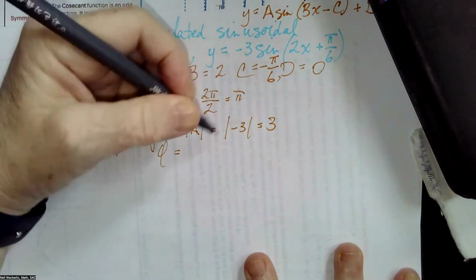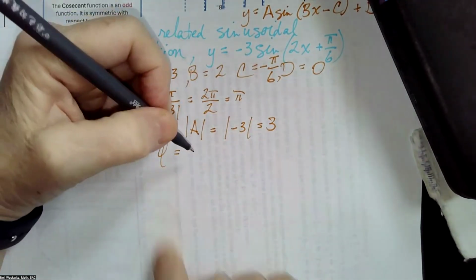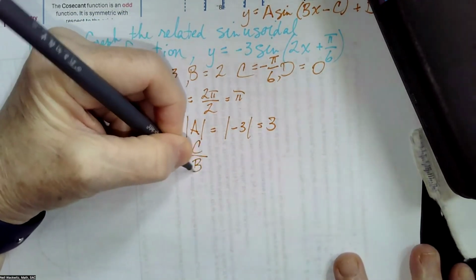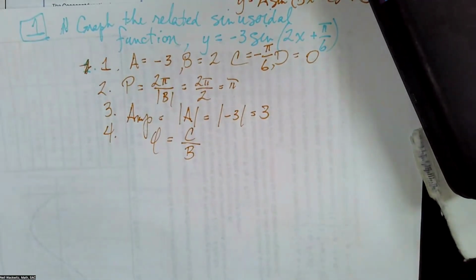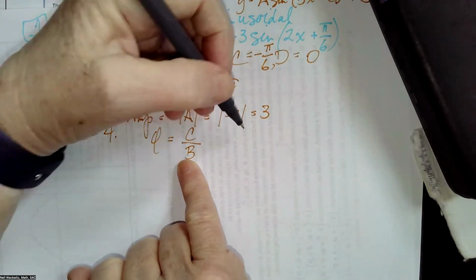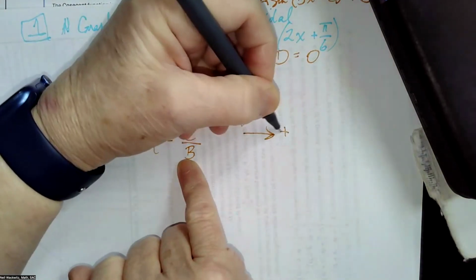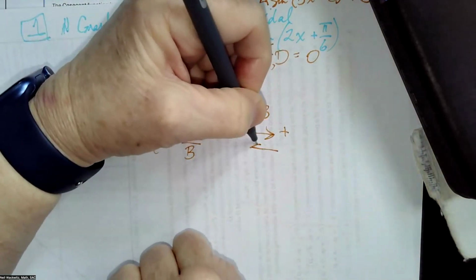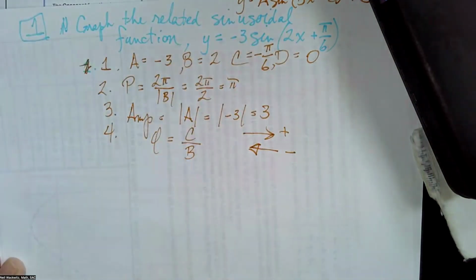We know that phi, and why doesn't phi have absolute value in it? It can be negative or positive. That's right. It's the horizontal shift. If it's positive, it goes to the right. If it's negative, it's a horizontal shift to the left.